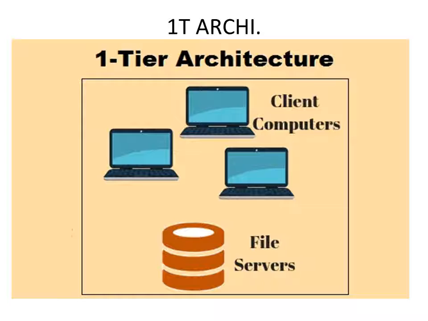The client machine communicates with the file server. For example, if a client needs a file from the file server, it requests the file it needs with the name of the file. So the file server receives that request and gives the response by giving the required file to the client. This is how the one tier architecture works.